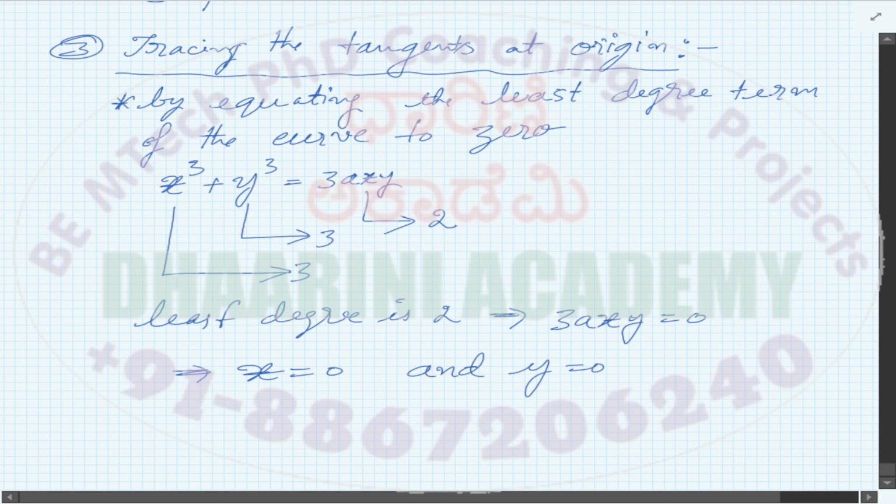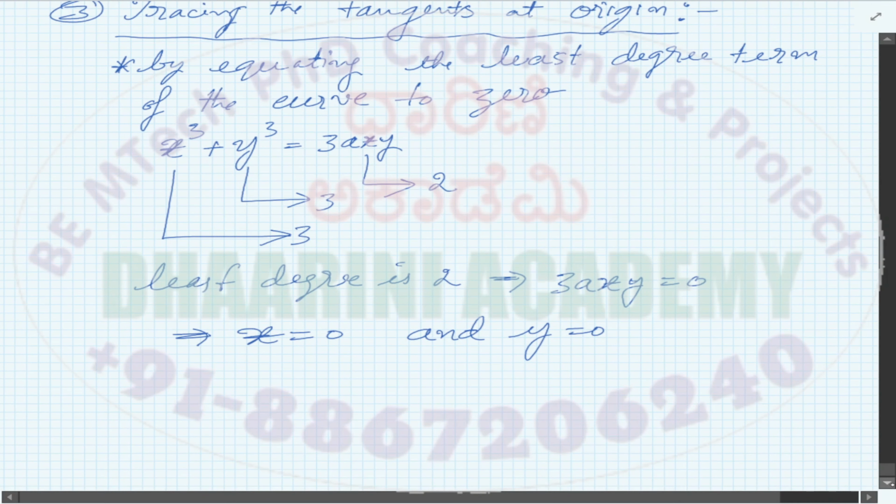Now when you equate these terms, whatever you get is the tangent. So which is the line that has y equal to 0? y equal to 0 is the x-axis. x equal to 0 is nothing but the y-axis.